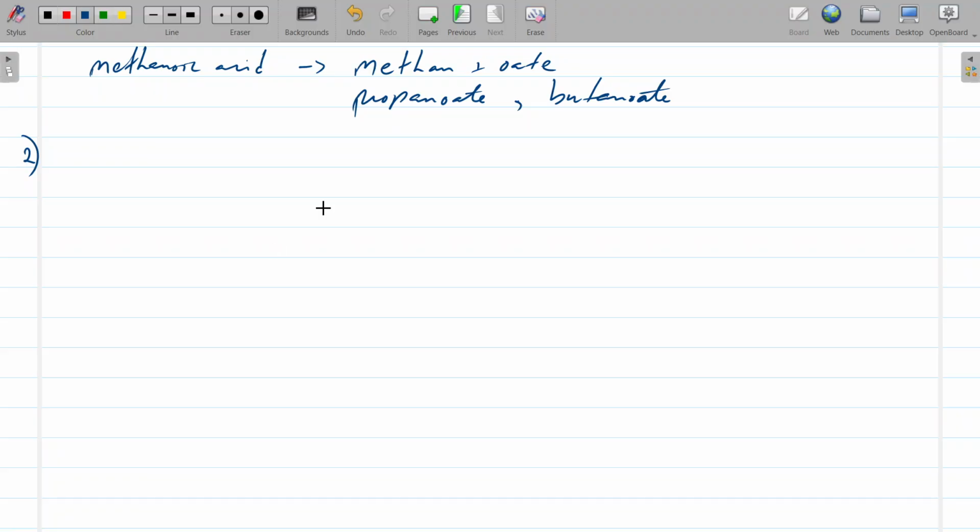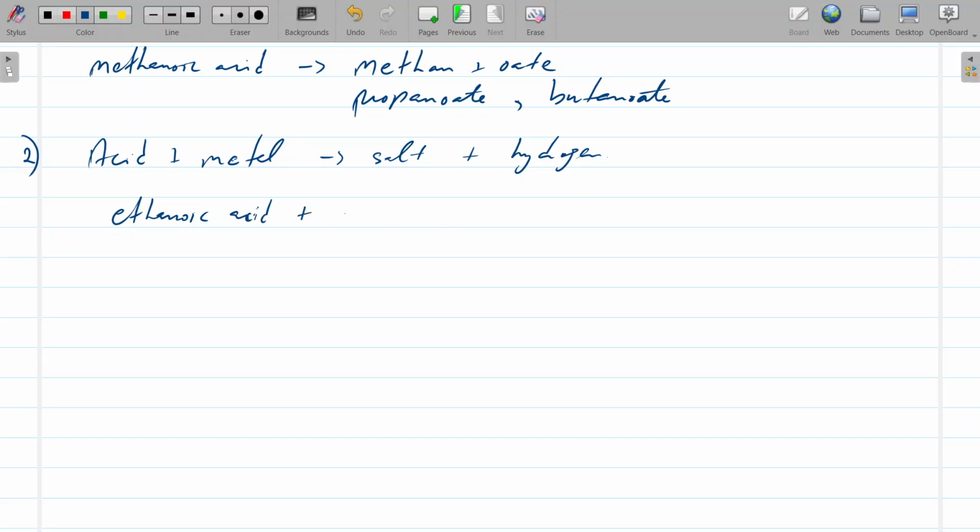If we recall, acid plus metal gives salt plus hydrogen, right? And so we have ethanoic acid plus magnesium. So what's the salt we're going to get out of this? Can you give me the name?